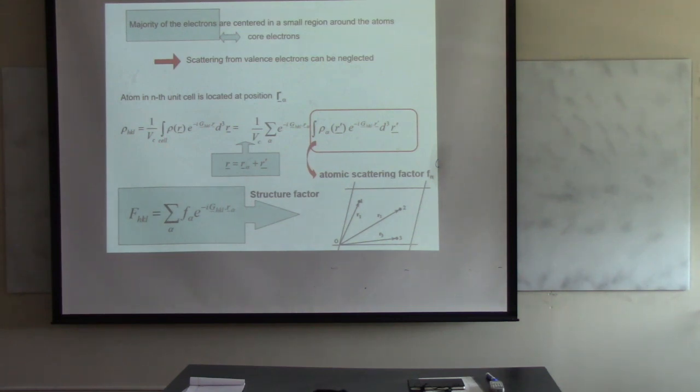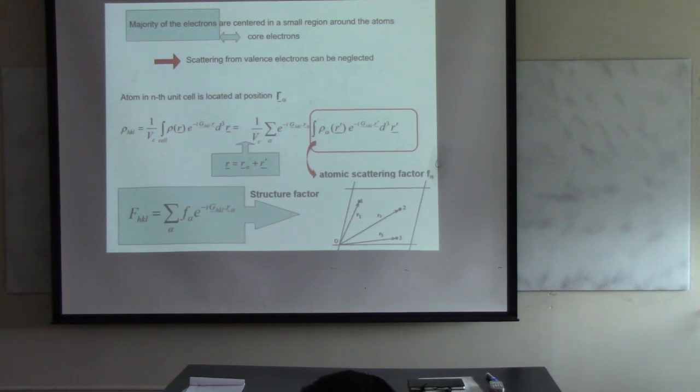Suppose you have carbon atoms, like diamond, right? You have 8 carbon atoms, they all have the same f. But if I take silicon carbide, still a diamond structure, what do you call that structure? Zinc blende structure, right? So for that one you have different alphas. That means for silicon I have one value, for carbon I have a different value.